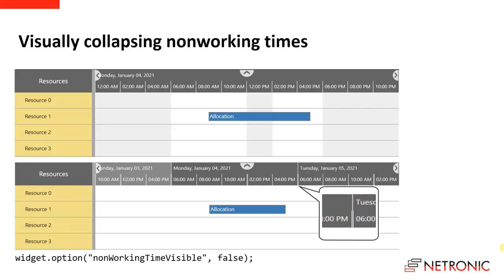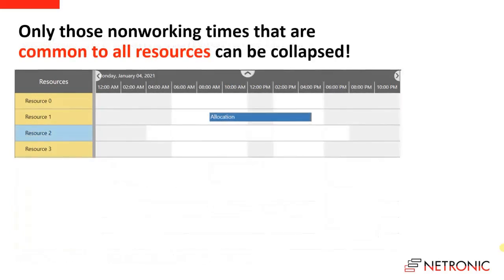When using this option, please note that only those non-working times can be collapsed that are common to all resources. For example, if we have a look at this part here, then between 12 o'clock p.m. and 2 p.m. this area cannot be collapsed because we have here non-working time as well as working time. So as a result, only these parts that are red shaded in this figure can be collapsed.